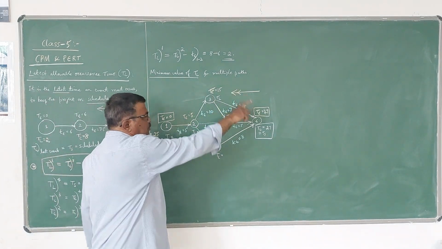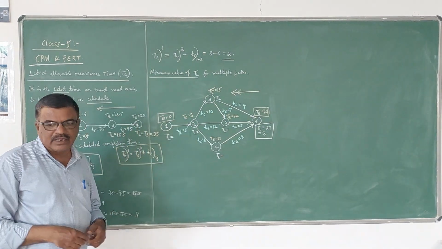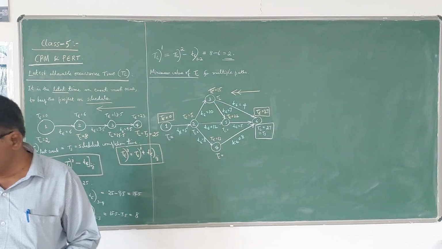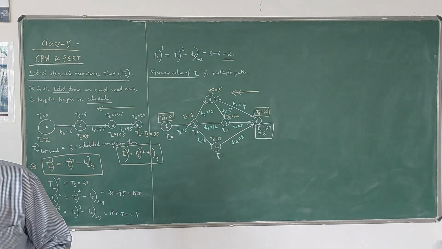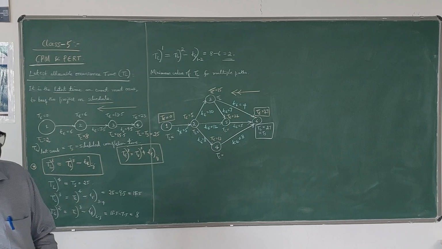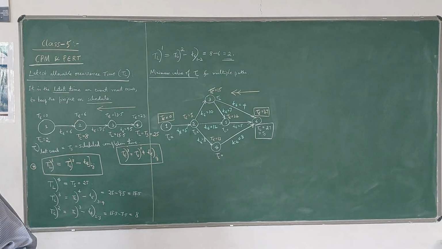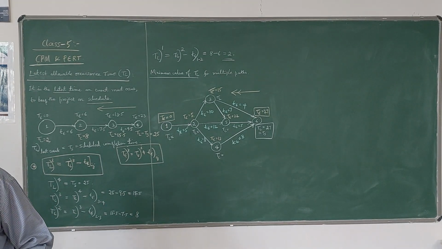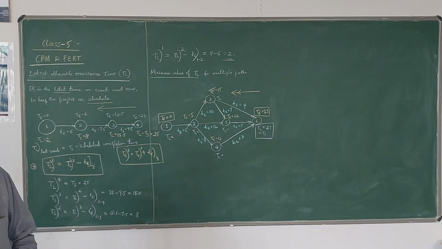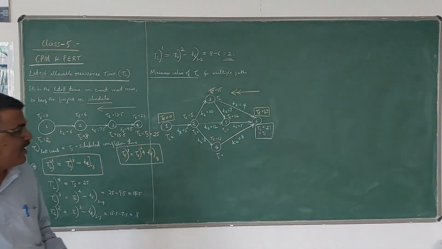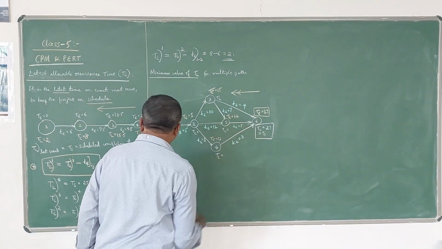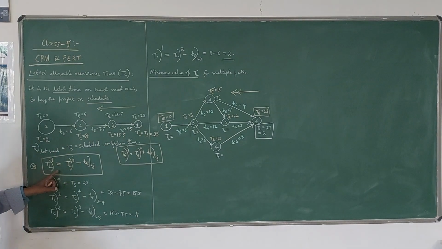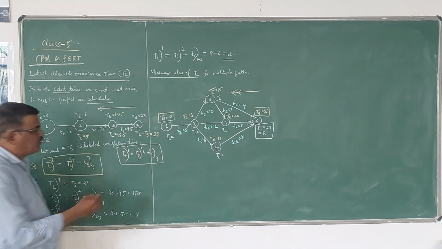So this is the given problem. Now the question is, we have to find out the TL values for all the events. Let us take one by one. I will start from the last one. The last one is known here. For the sixth event, we know the value of TL. Now for the fifth event, using this we have to compute.